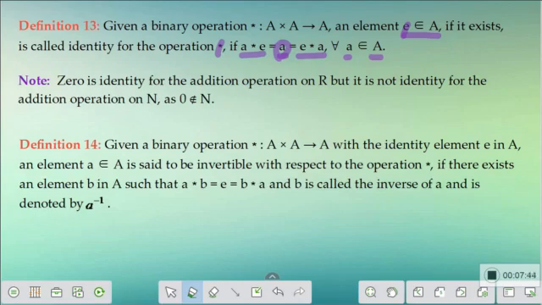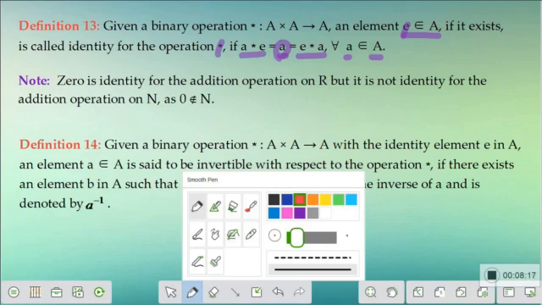After learning identity, the next thing that we normally learn is inverse. Given a binary operation star from A cross A to capital A with the identity element E in A, an element a belonging to A is said to be invertible with respect to the operation star if there exists an element B in A such that a star B equals E equals B star a, and B is called the inverse of a and it is denoted by a inverse.